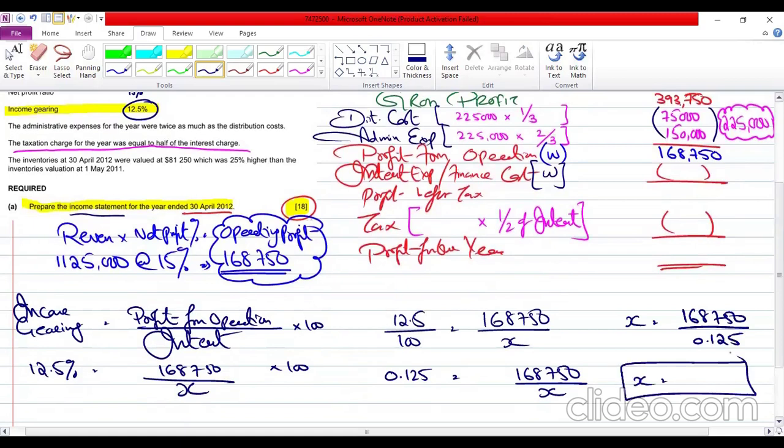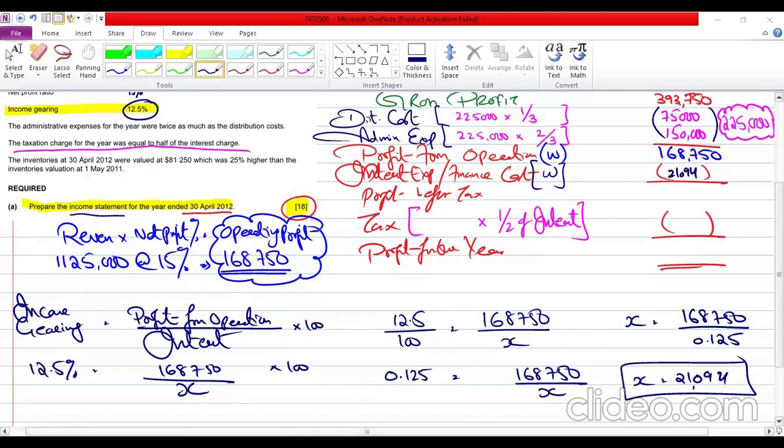Interest is 21,093.75, rounded off to 21,094. Profit before tax is how much now? Doing now plus minus.